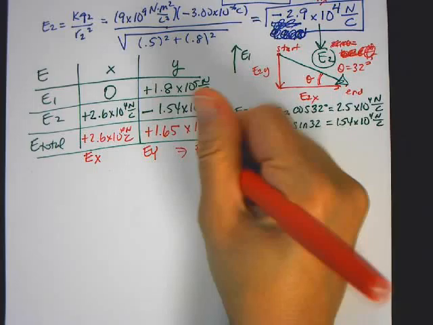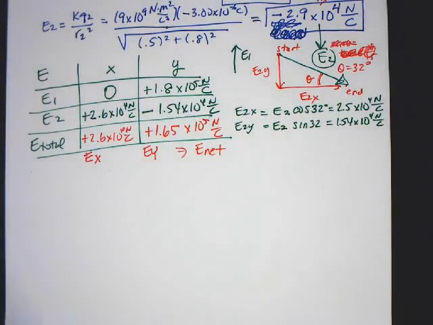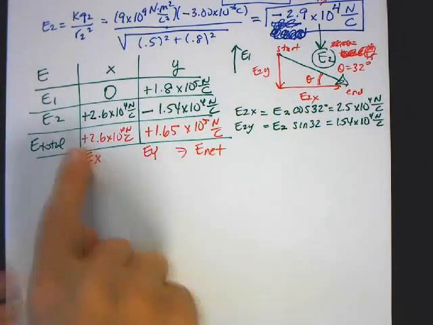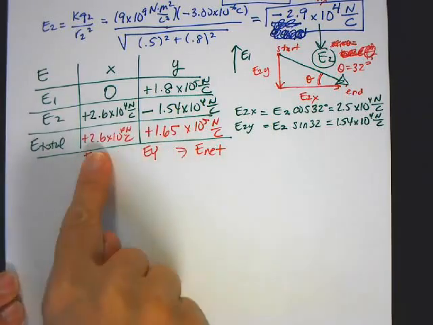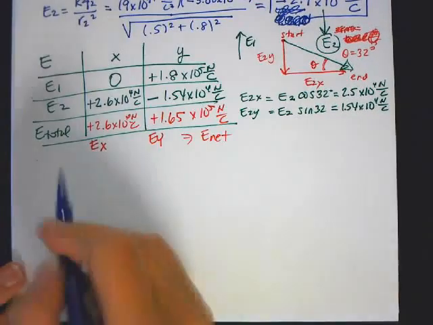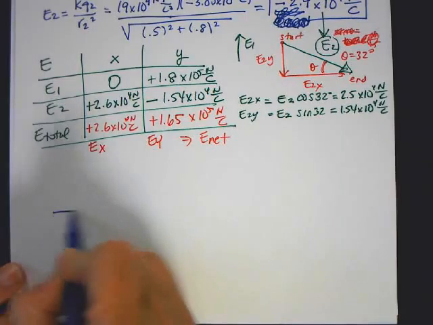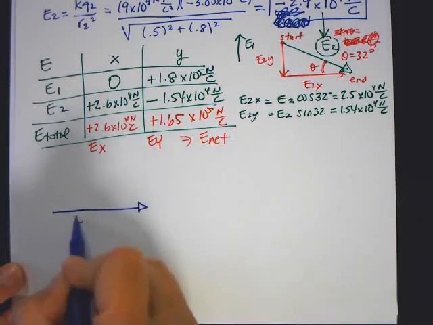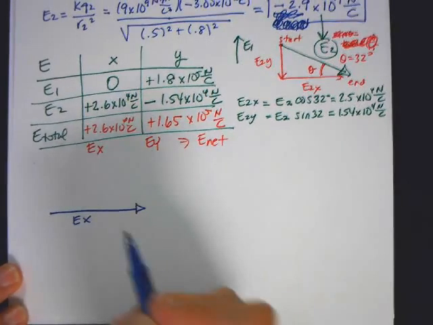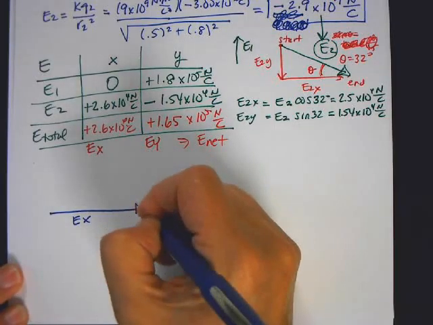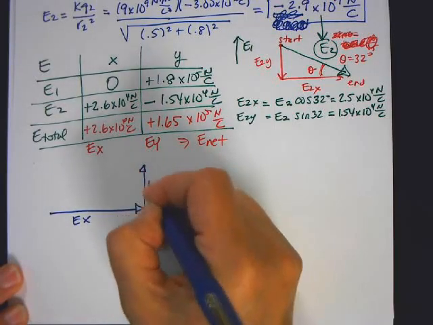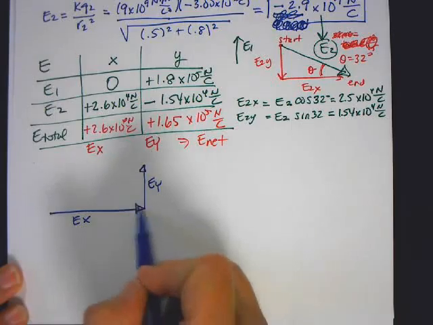The signs of these are important. So first, here's E, the total E here. This is EX. From the head of this vector, I'm going to do the tail of the other. This is EY. The direction's important. This is positive, so according to my sign convention, right is positive.